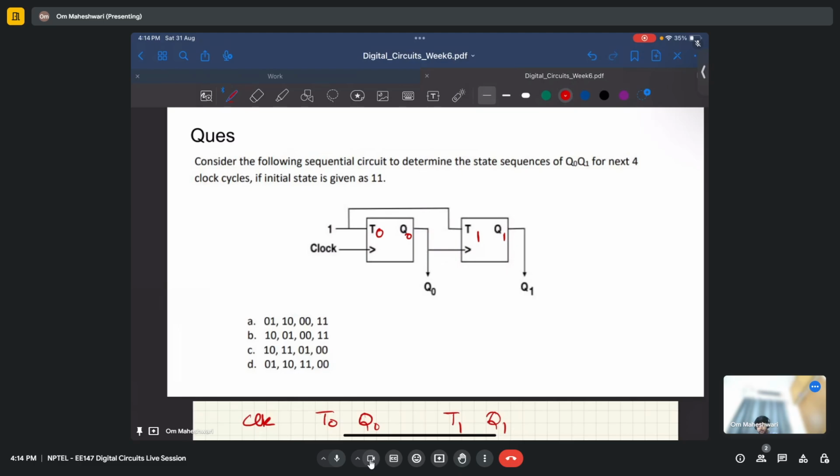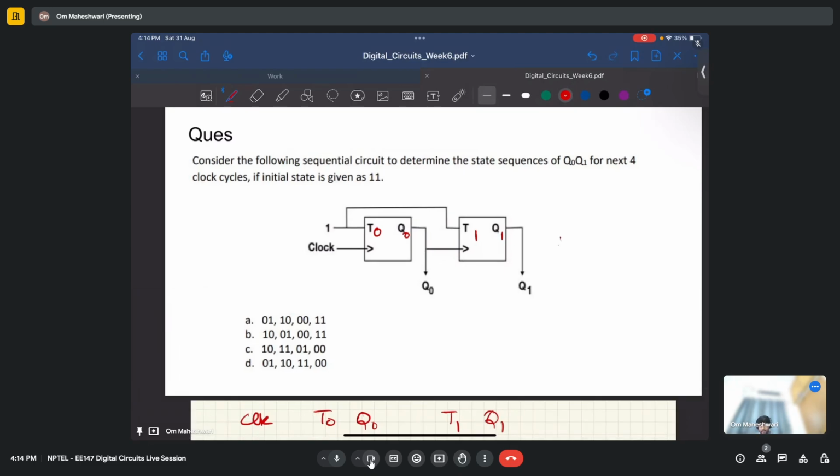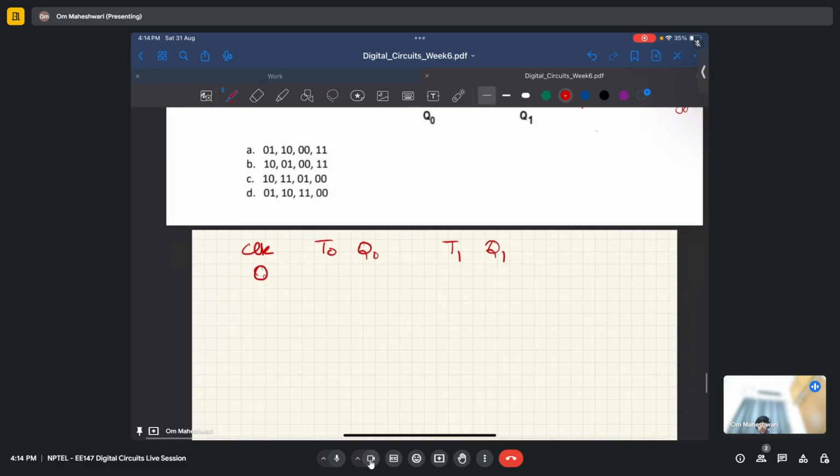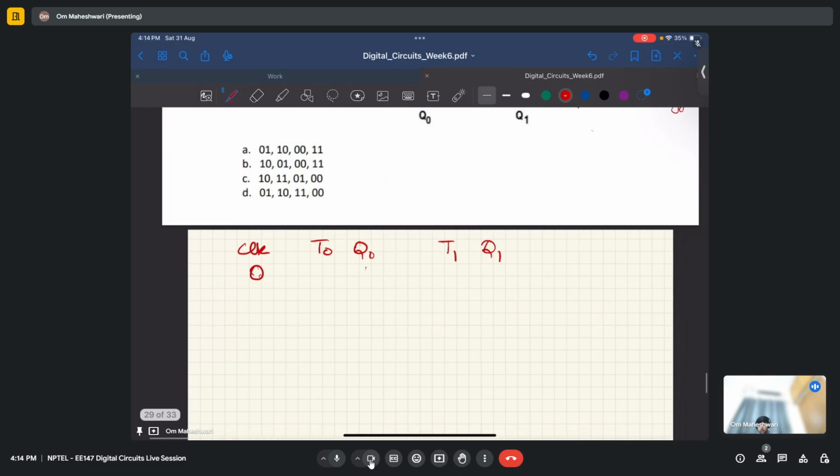So when Q0 changes from 0 to 1, this is the positive edge, then the T1 flip-flop will trigger at the positive edge. In the initial case we are given Q0 is 1 and Q1 is 1.